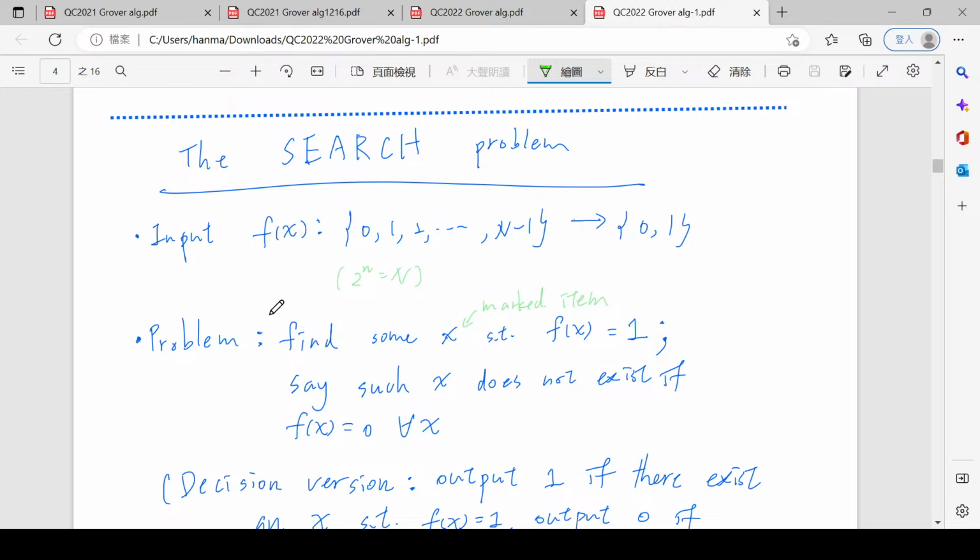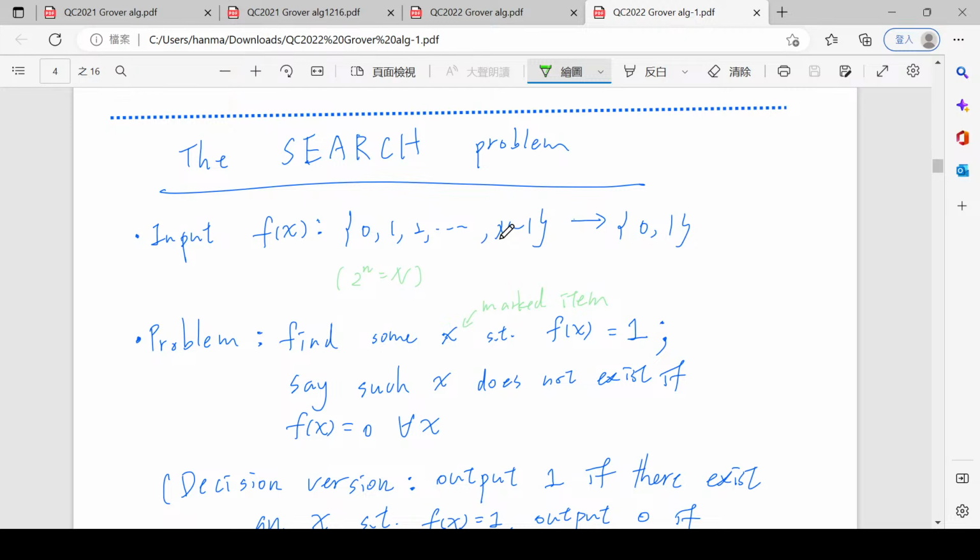And the problem of search is you want to find some x such that f(x) equals 1. Obviously, it should be easier if there are more of those x, and harder if there are fewer. And anyway, the search version of the problem is just find whatever x that has f(x) equal to 1.